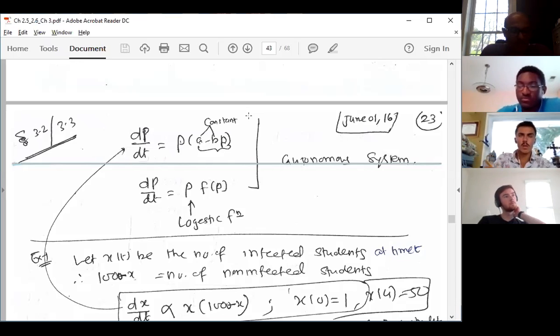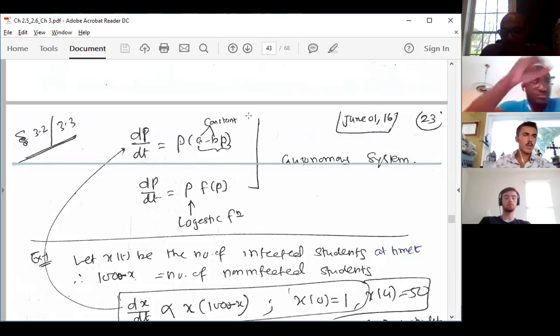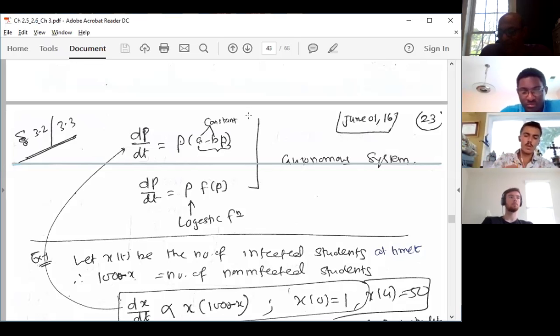In the beginning of this chapter, we discussed this type of problem. Suppose somebody is infected by coronavirus or by flu, and he's the only guy infected. If he comes to the campus, all the other guys are good, but he is the only one infected. That means when time t equals 0, just one guy was infected.